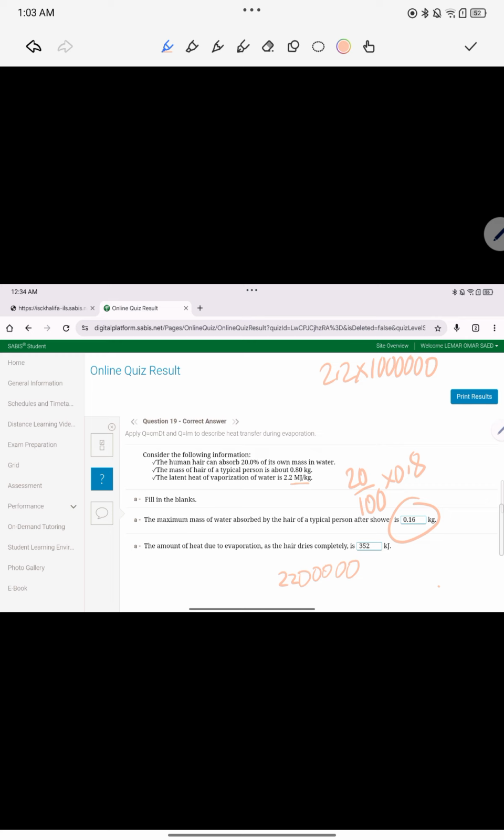This will be in joules, then times 0.16, because we're doing L times M or M times L, whatever you want, is equal to 352,000. They want it in kilojoules, so you divide by 1000 and you will get 352.